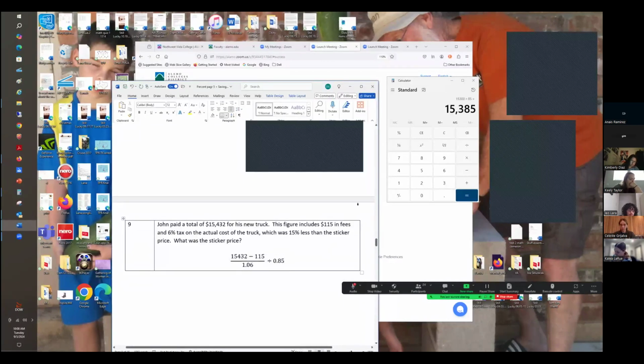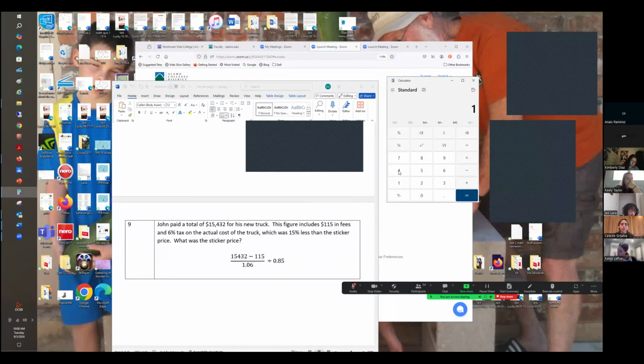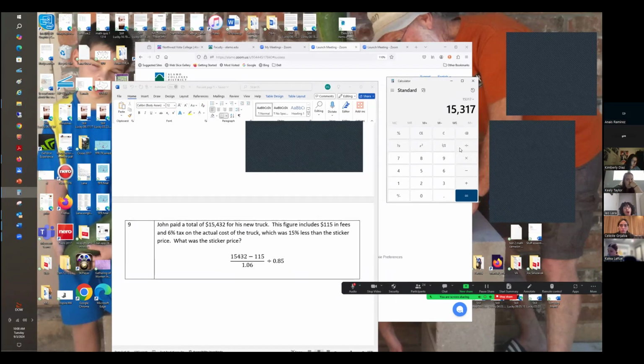So 15,432 minus 115. Now you have to be very careful here and hit the equal sign to make sure it does that. And then you have to divide that by 1.06. Then you have to divide that by 0.85, and you get $17,000. Yikes. I'm going to show you where this is explained in the book here shortly.